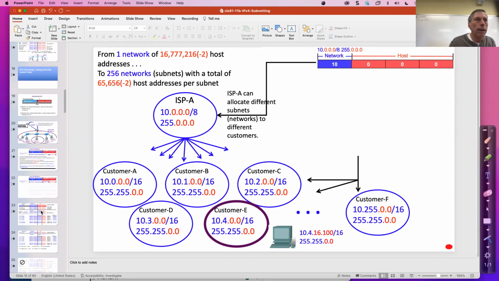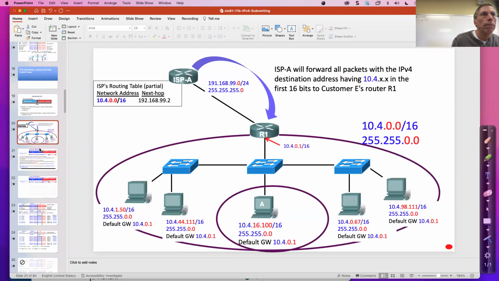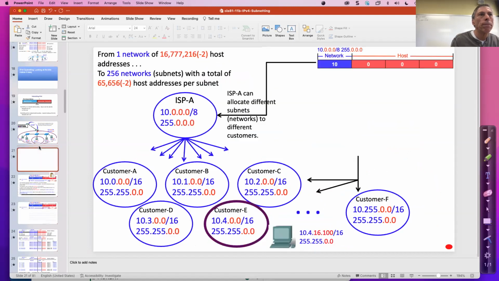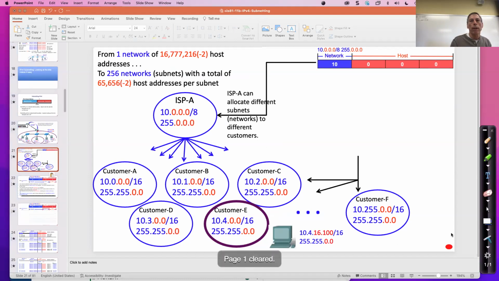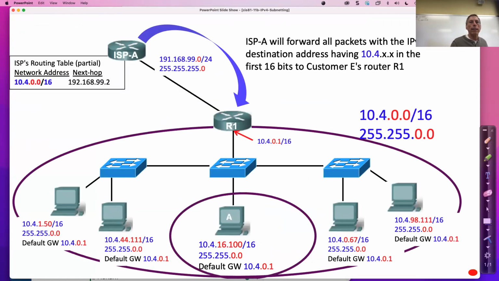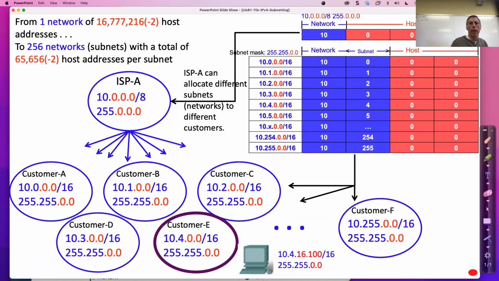Add this right here. Okay, see, that's what I want to get to.